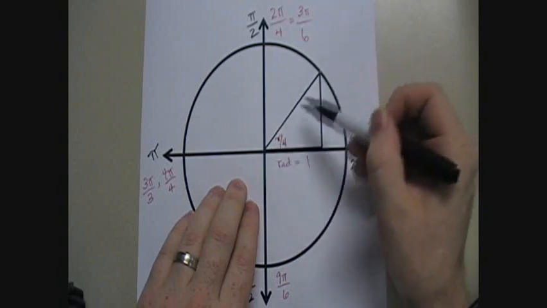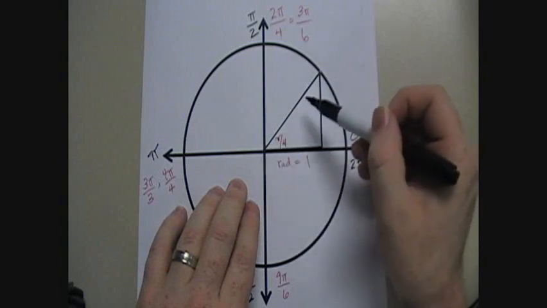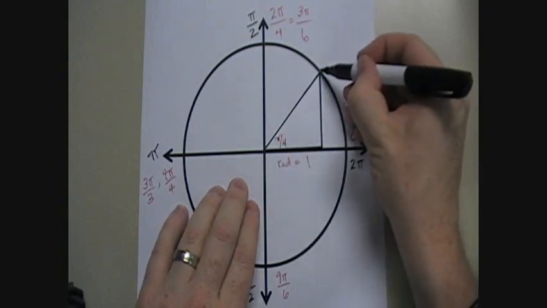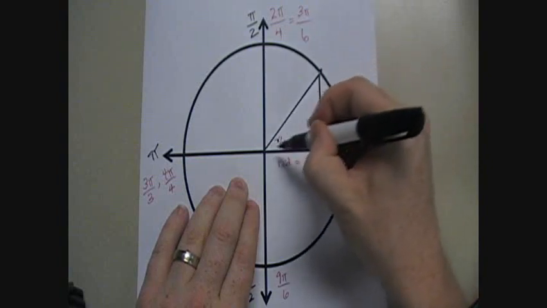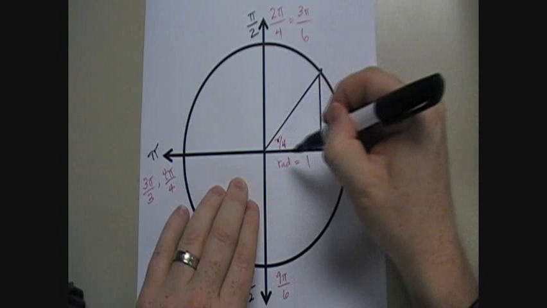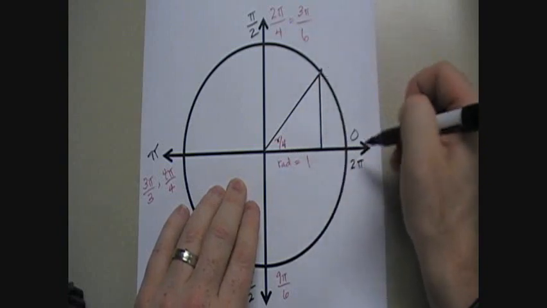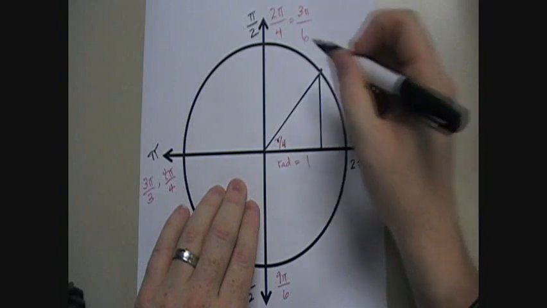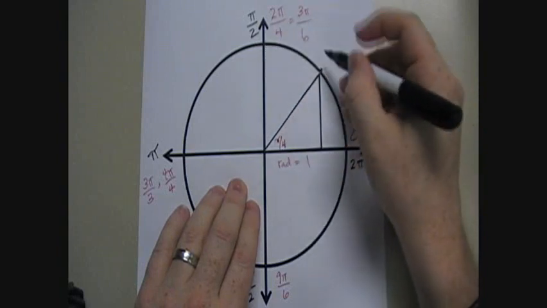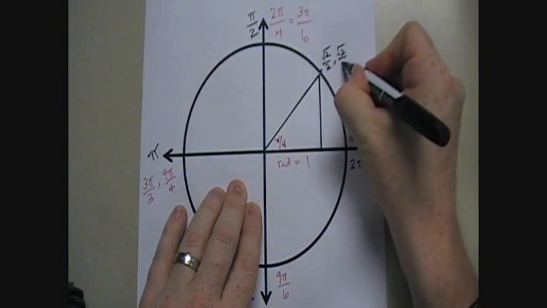And that's why we never really need to worry about the old definitions of sine and cosine here, because the hypotenuse is always 1. If you pick that point right up here, the y value gives me the sine and the x value gives me the cosine. You really think about this as a coordinate.